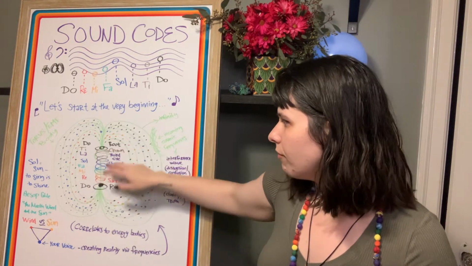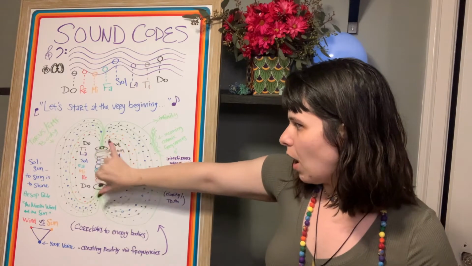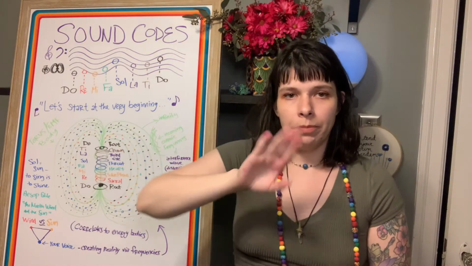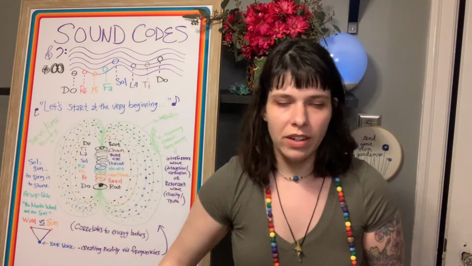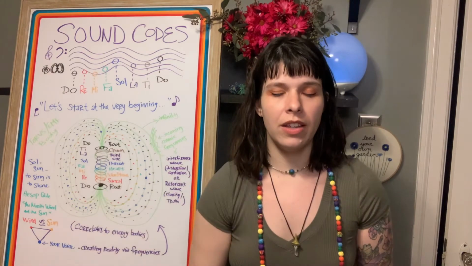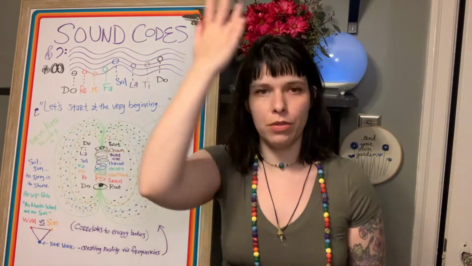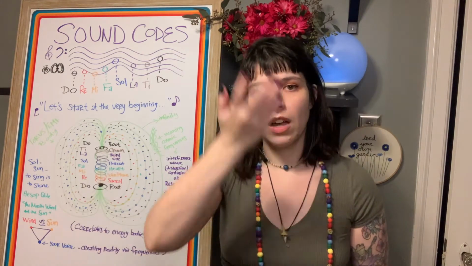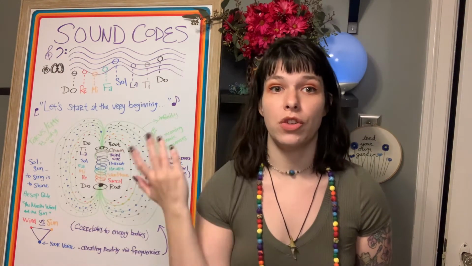So the top of the body and the bottom of the body are the exit point and entry point of the energy that is coming through the system, coming through the EMF, the electromagnetic field, coming through the torus, coming through the matrix.